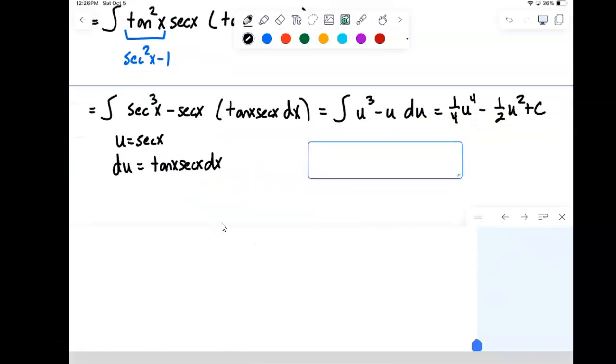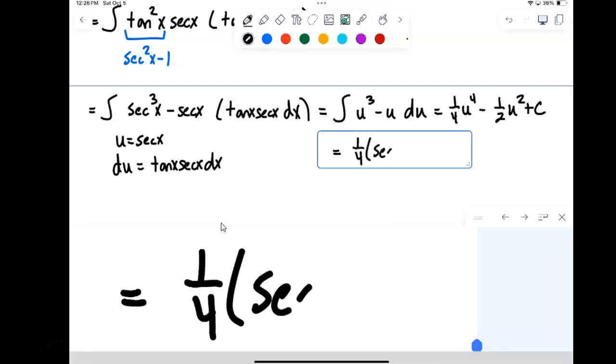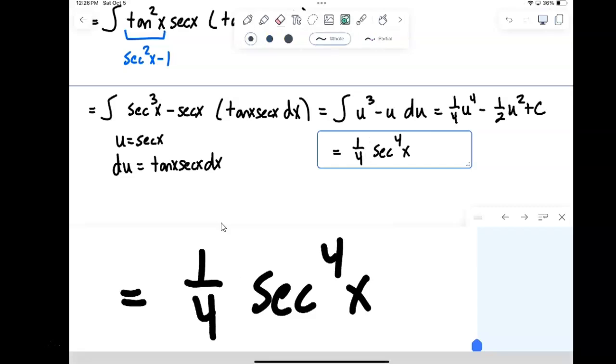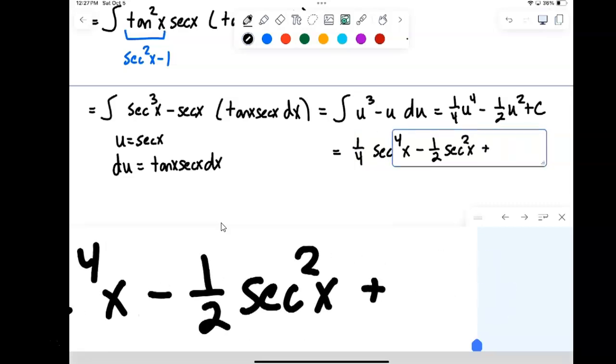And then we just substitute in secant for u. 1/4 secant to the fourth x minus 1/2 secant squared x plus a constant. Okay.